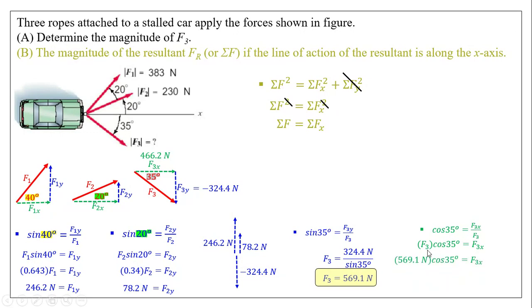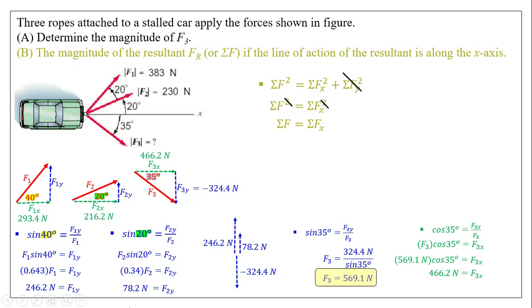We already found F3. F of 3, we calculated in part A, which is 569.1. And cosine of 35, if you do that correctly on your calculator, you'll get a value of 466.2 newtons. So that's F of 3x. Well, now we know F1x, we know F2x, we know F3x. So all we have to do really is just add them all, okay?